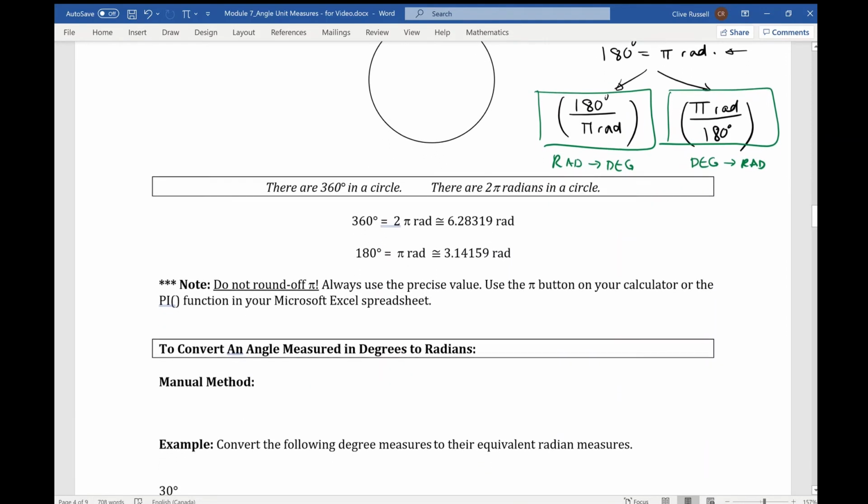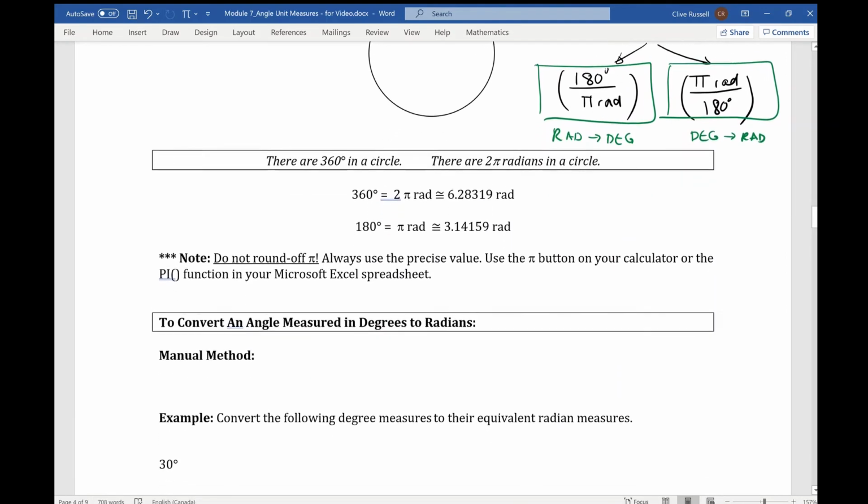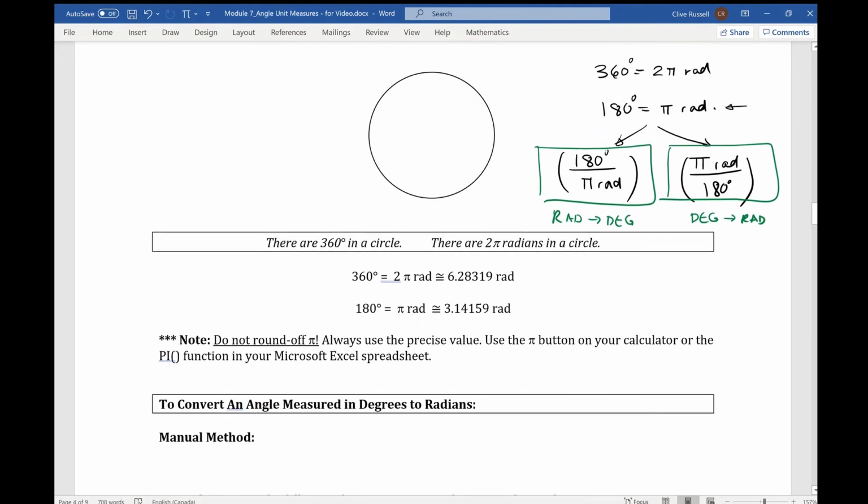All right, so now let's do some problems here. Now, one other thing, whenever you see an angle in radians like this, expressed in radians, you see a pi involved, then we say that this is like a pure radian measure.